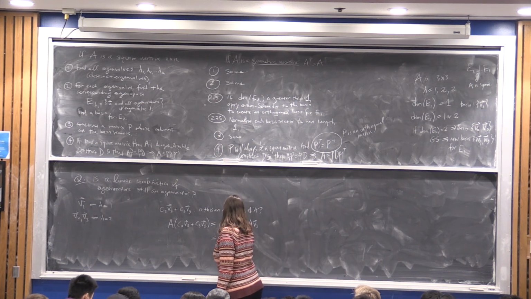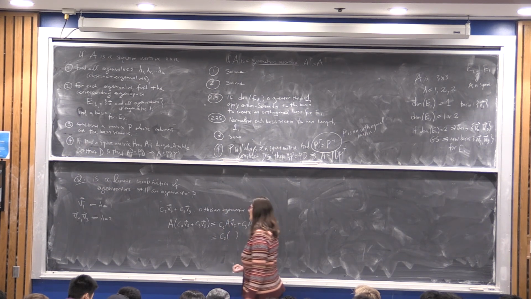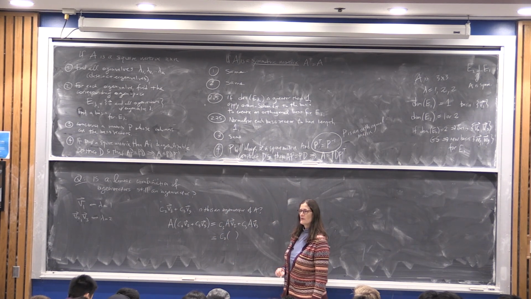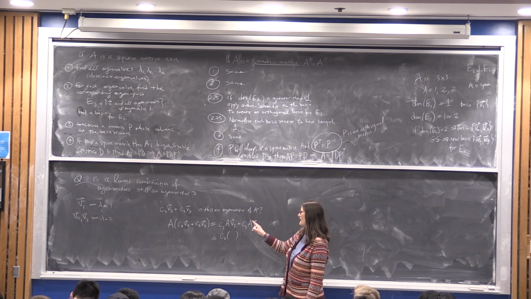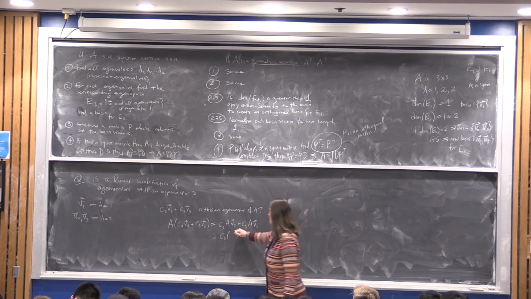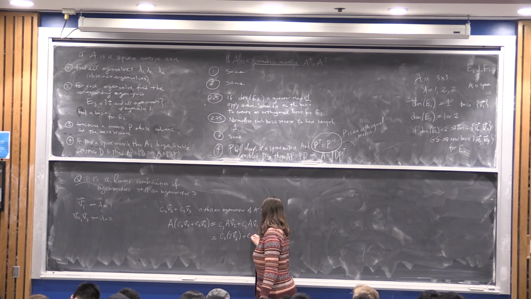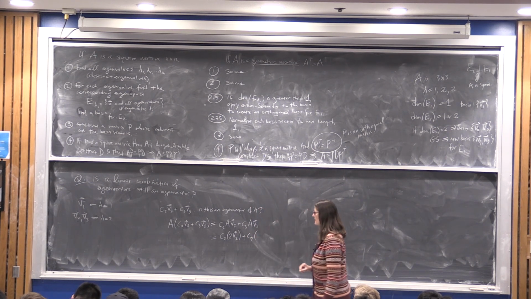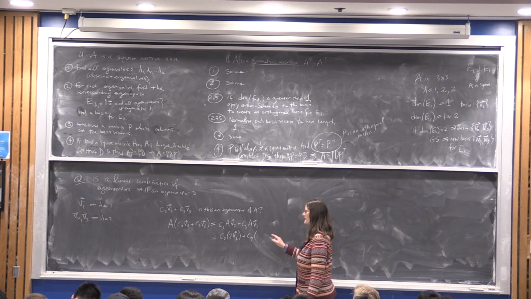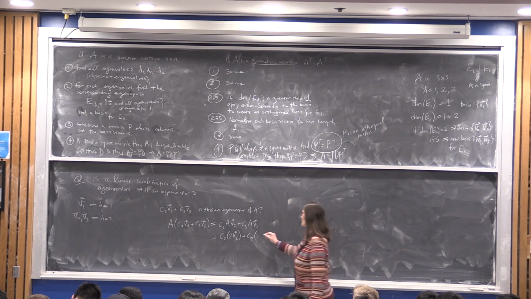So what is A times V2? And what is lambda for V2? 2. And what is A times V3? And lambda for V3 is 2.